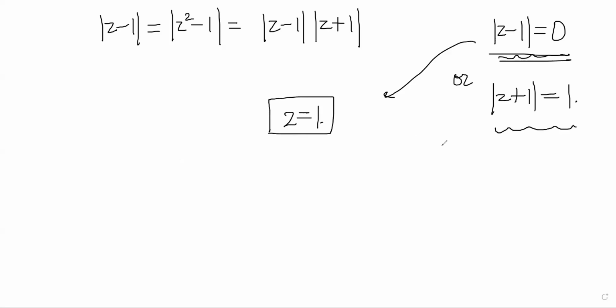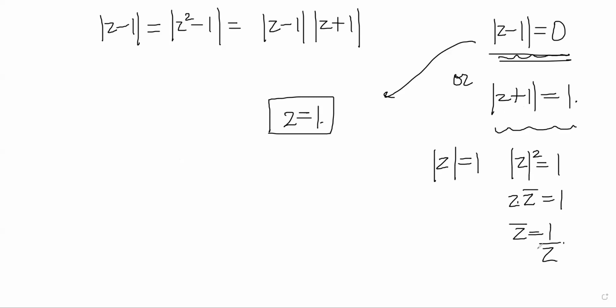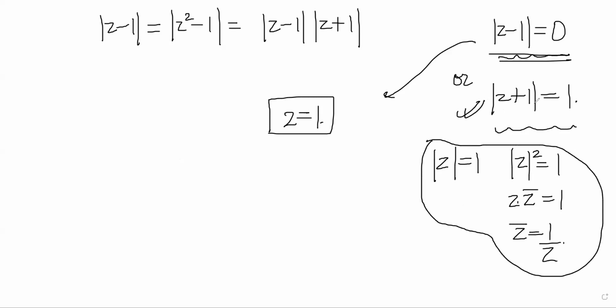And here what we get is mod of z plus 1 is 1. We also know that mod of z is 1. So we know mod of z square is 1. So we know z into z conjugate is 1. So z conjugate is 1 by z. All of this stuff is already known to us, and let's try to solve this equation then.